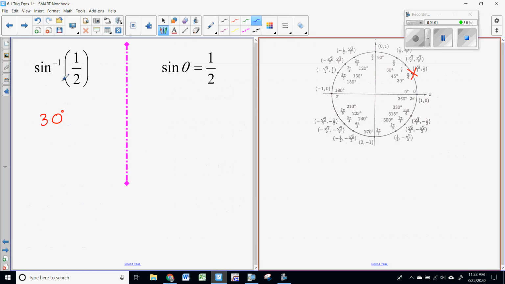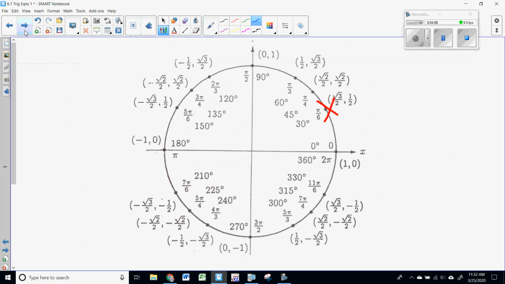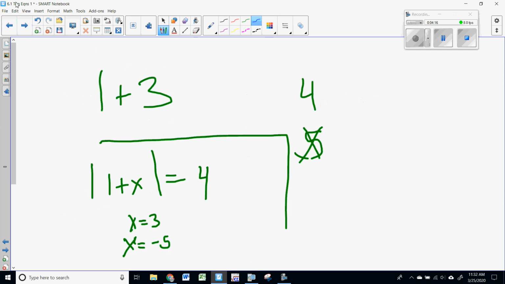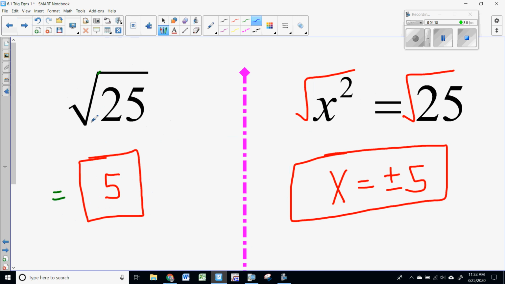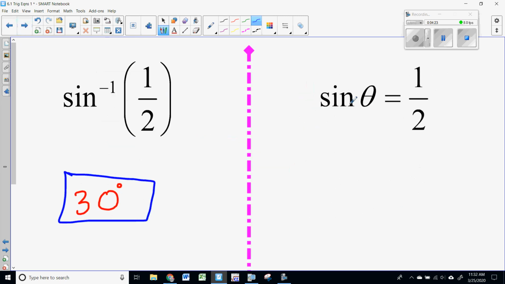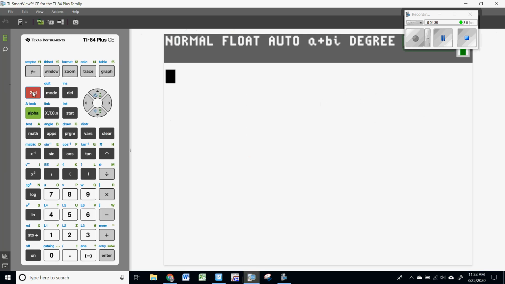But when we do the inverse sine, that is defined to mean one angle. It's an expression. There's no equal sign. Just like when we do the square root of 25, that's an expression. There's only one answer. Things change a little bit if we have the sine of theta is 1/2. Now, there are a whole bunch of answers that would solve that equation. And I just showed you a whole bunch of them on the calculator.